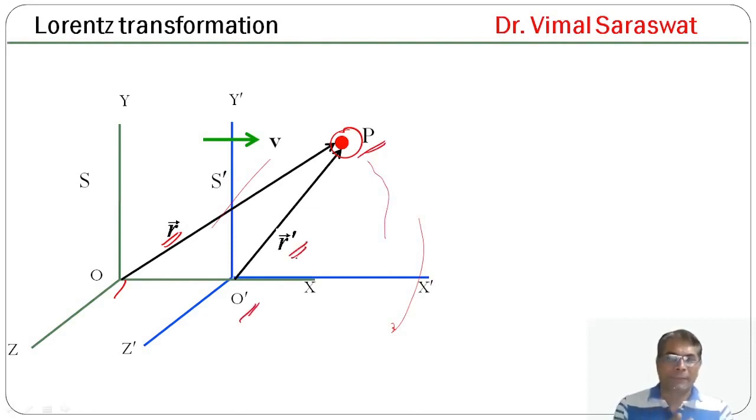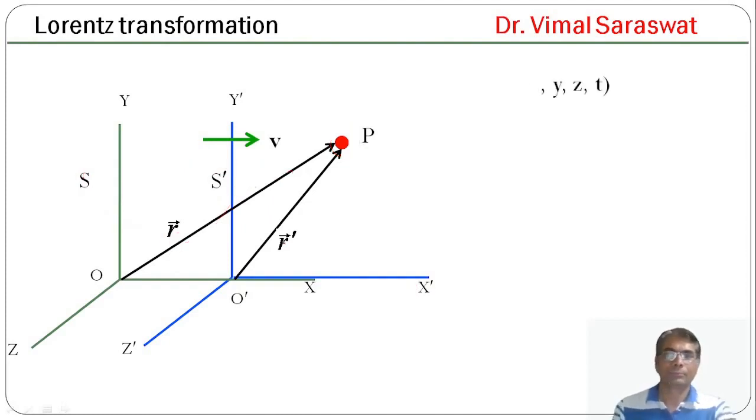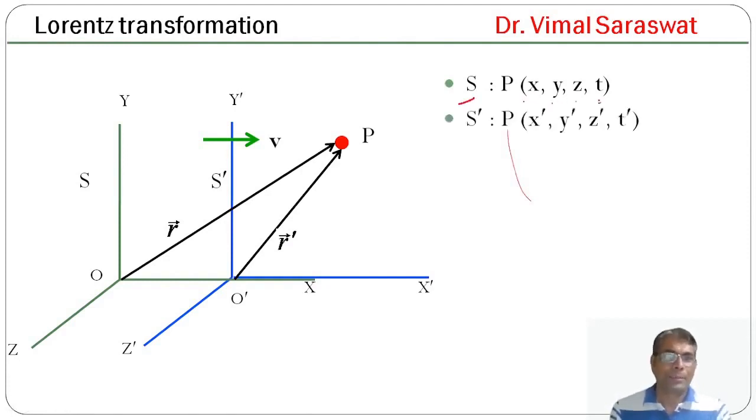Let the coordinates of point P in frame S be x, y, z and t, and the coordinates of the same point P in frame S dash be x dash, y dash, z dash and t dash.